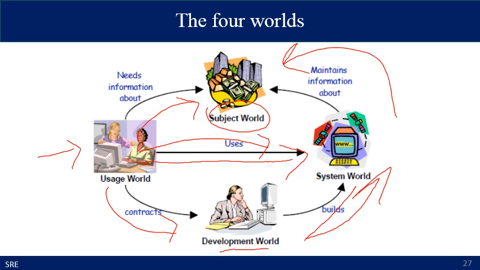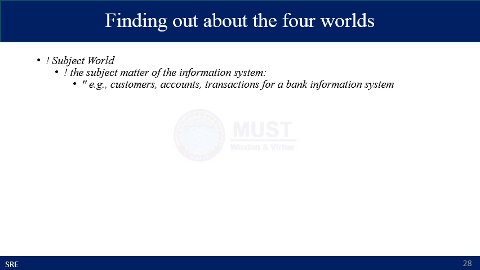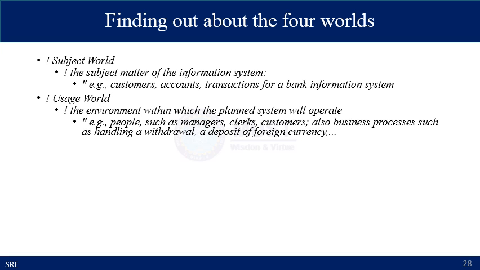The subject world is the university management system, and our system will have the information about the subject world in this case. So you have to find out the subject world, the subject matter of the information system.